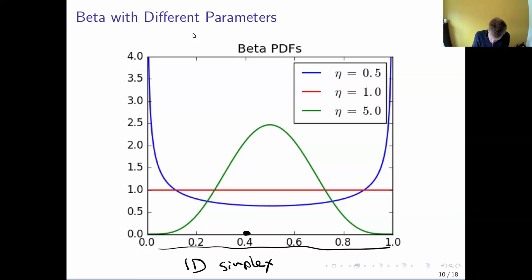So for example, this would be 0.4, 0.6: a 40% probability on zeros and a 60% probability on ones.